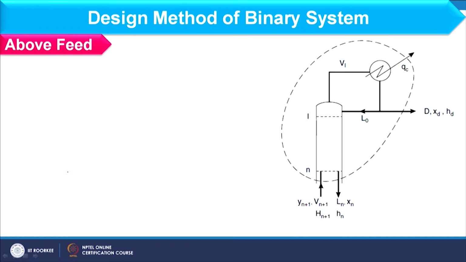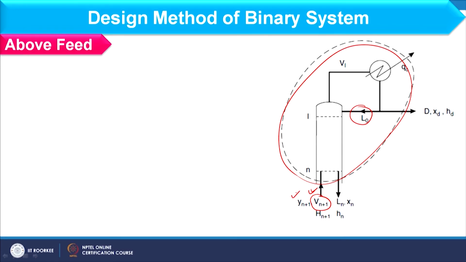Here you can consider the distillate, and this is basically the reflux, and if we consider material and energy balance, we usually make the envelope, and in this envelope whatever stream is entering is V n plus 1, that is basically the vapor stream which is exiting the n plus 1th tray, right.